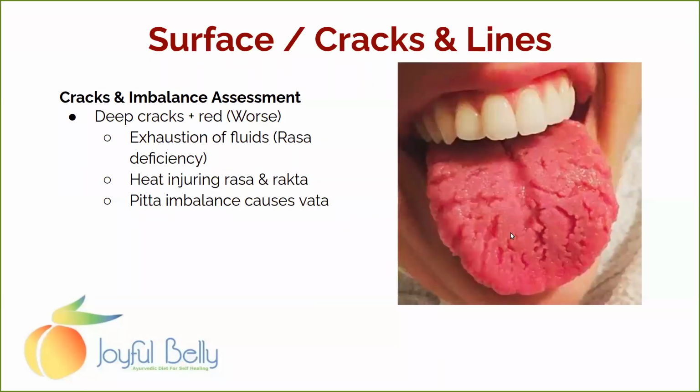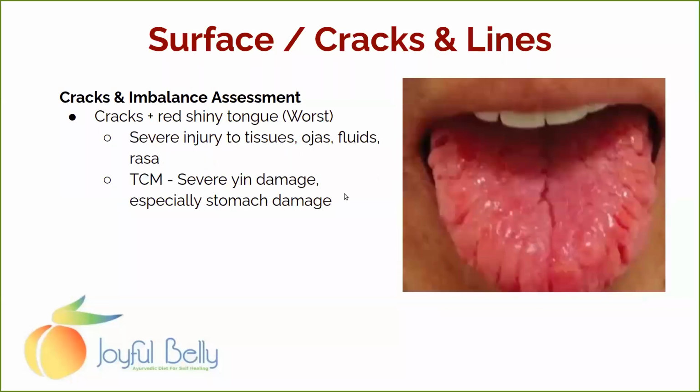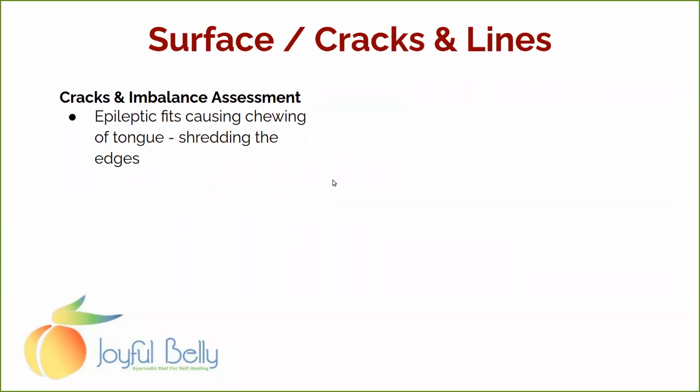This person's burning off all the toxins, but there's so much heat here and so much dryness because of the heat that this heat is really injuring their fluids, and I would see this as a bit alarming of the tongue also. Again, all these deep cracked tongues, alarming. If there's cracks and the tongue is shiny and depapillated, that's the worst. Severe dryness.